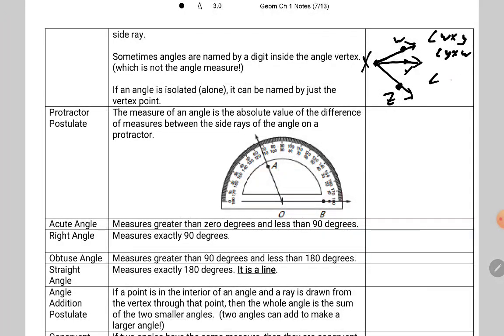We have angle ZXY, angle YXZ. And then we have two more: the big angle, angle WXZ, and angle ZXW. So when you label angles, you must put the angle symbol there and then three letters.